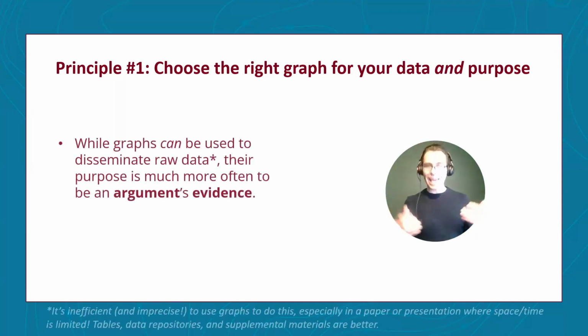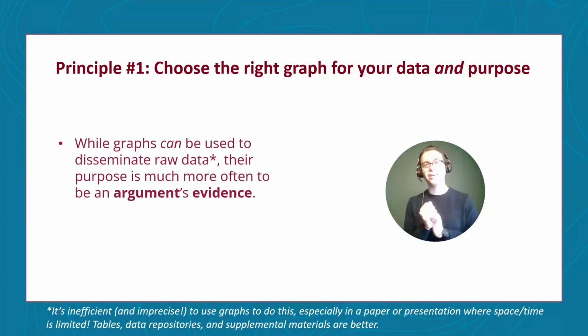While graphs can be used just to transmit raw data to our readers, this is actually so inefficient that it should be very rare. We rarely have room in a typical paper, presentation, or poster for such a graph. More importantly, graphs are not a good representation of precision anyway.